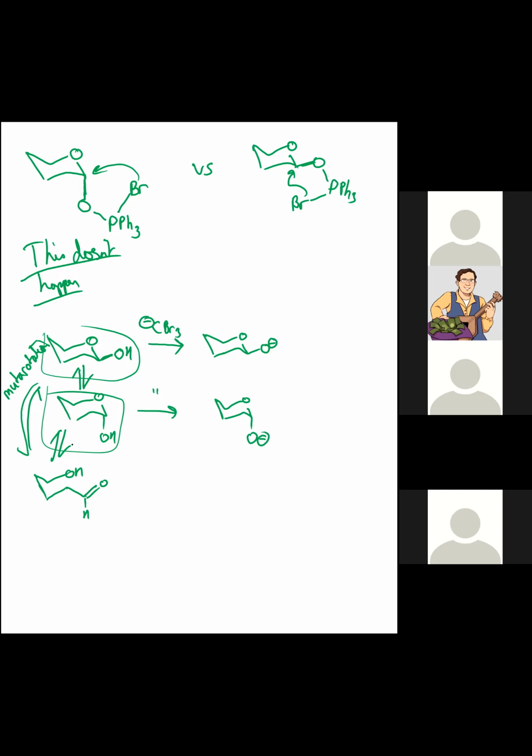And we were talking about the ratio of these guys back at the beginning. It varies depending on the sugar, how much of it's alpha and how much of it's beta. Okay. Similarly, once we've deprotonated these, can these two interconvert?